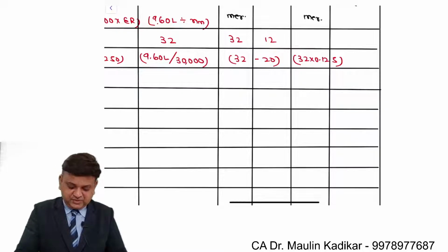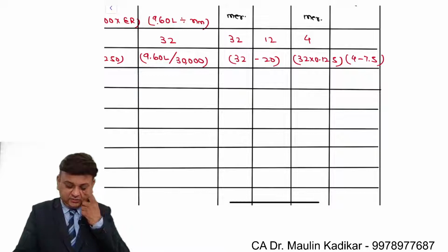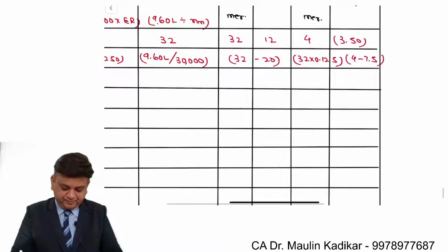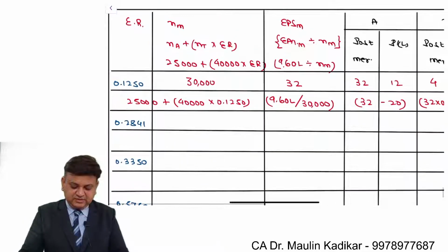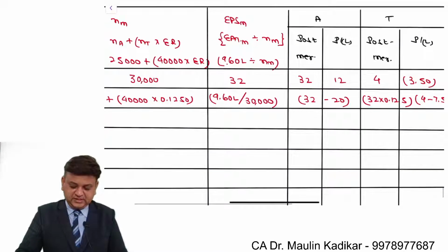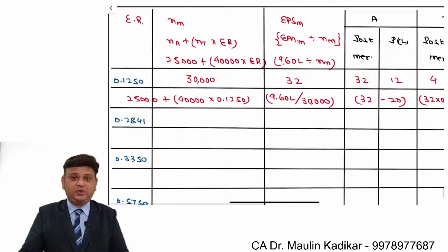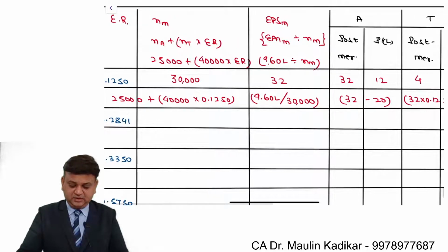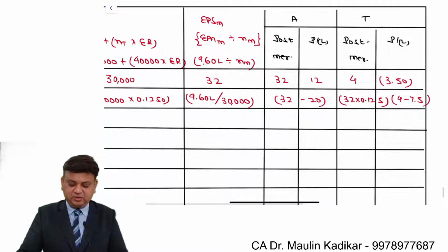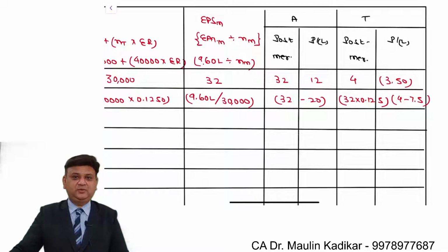It is 4 rupees. Pre-merger it was 7 rupees 50 paise. So 4 minus 7.5, the earning per share attributable to it has fallen by 3 rupees 50 paise. This is the way we are required to make the calculation of the answer in case of exchange ratio 0.125. Try to do the remaining answers on your own, then I will do the working for you.